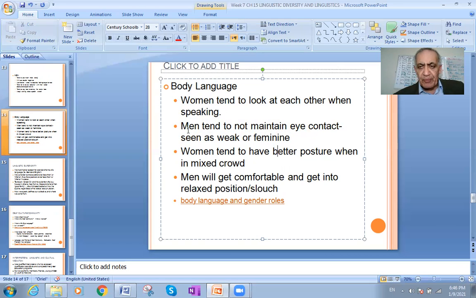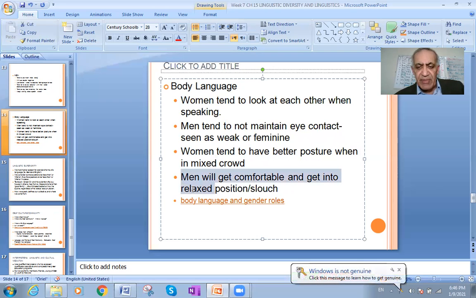So men do not keep eye contact always like women. Women keep eye contact when they talk with each other. Women tend to have better posture in a mixed crowd. Men will get comfortable and get into a relaxed position.